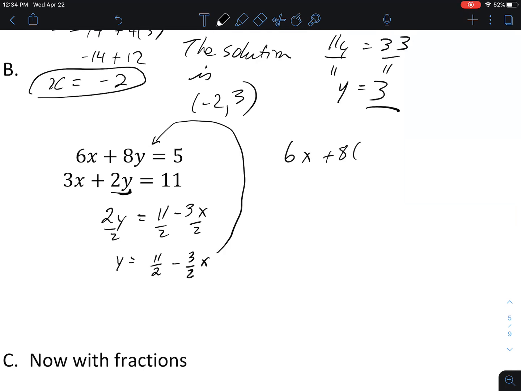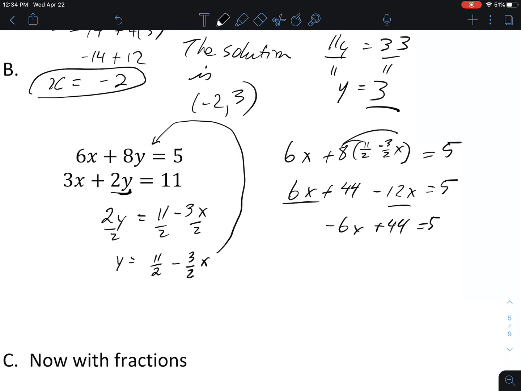And this is going to go in here. And this time we're going to be lucky because those fractions are going to disappear. 6x plus 8y is 5, and y is 11 over 2 minus 3 over 2x. So here I'm going to get 88 over 2, which is 44, minus 24 over 2, which is 12.